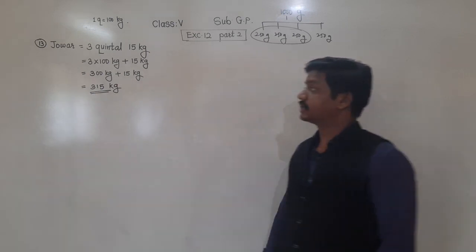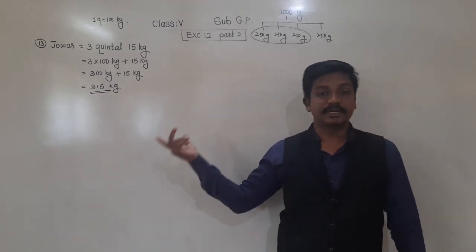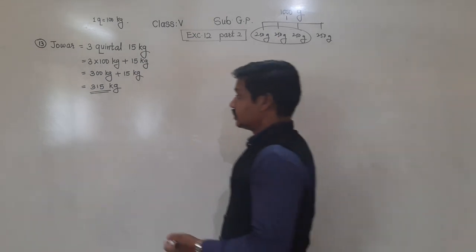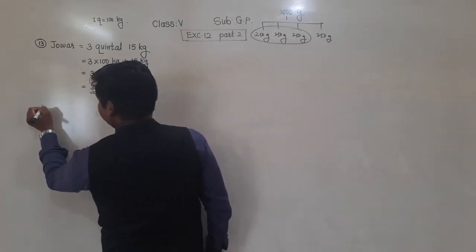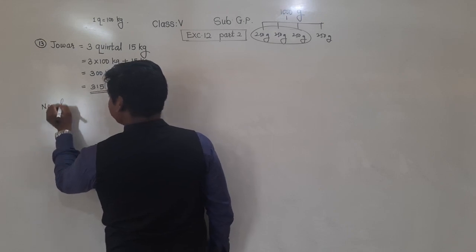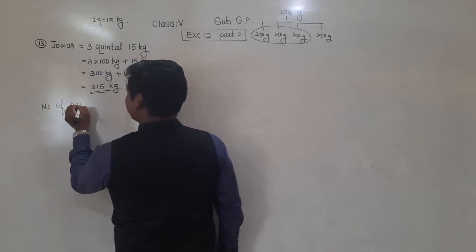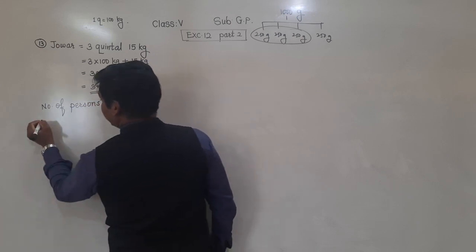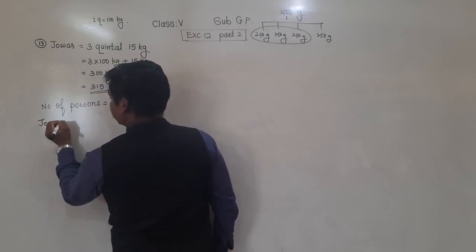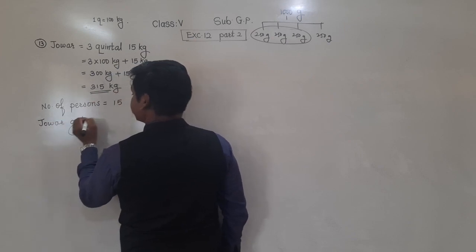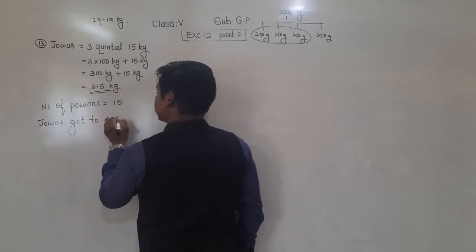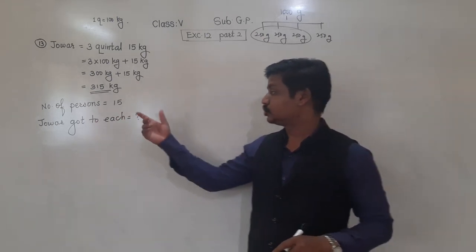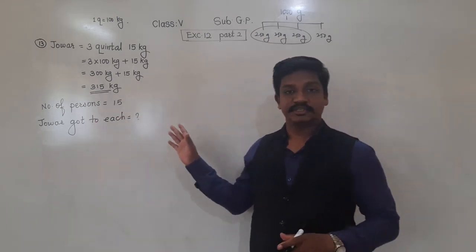And this much jowar is distributed among 15 persons. So number of persons is 15. Which operation do we need to do here to find the jowar each got?